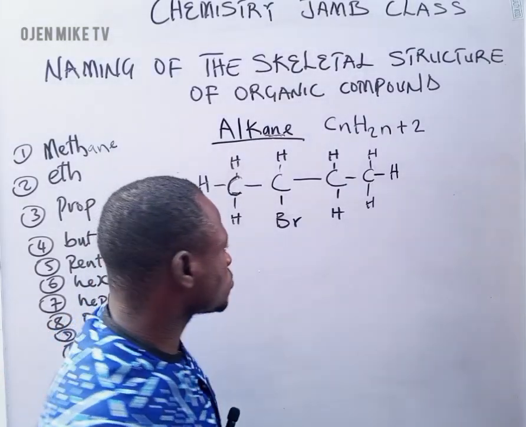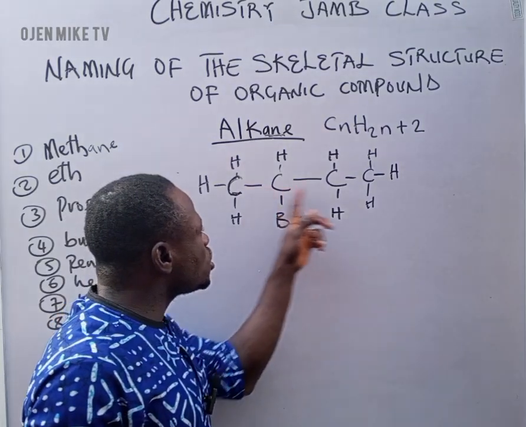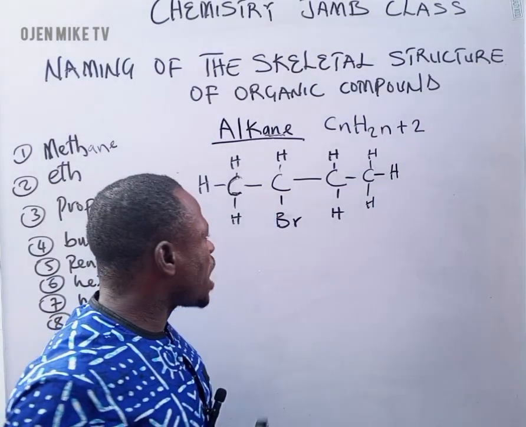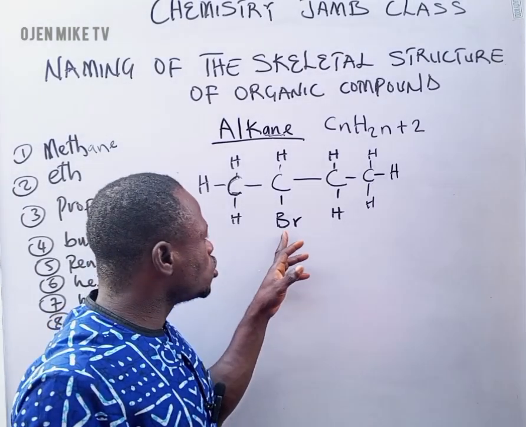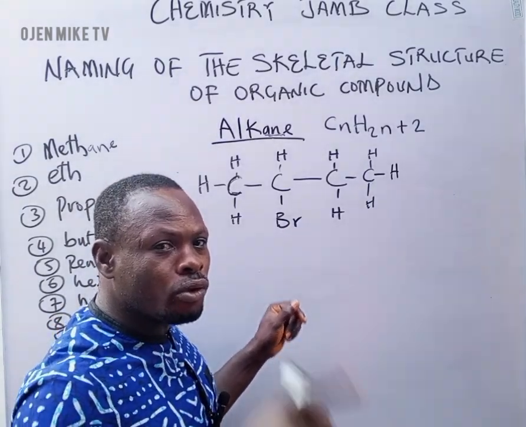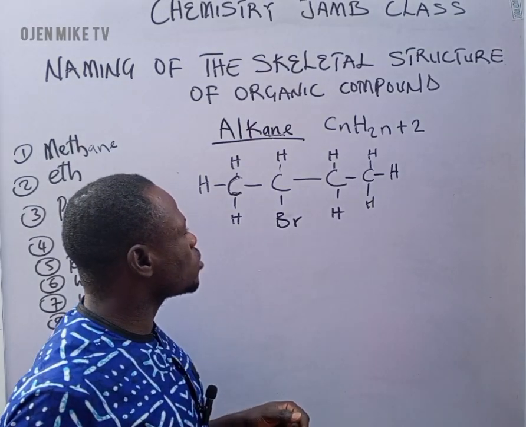That one is certain. Second thing you need to know is the chain has a child, and that child name is bromine. Do you get that? But you are not going to just say bromine. Of course, you are going to watch how we are going to name it.